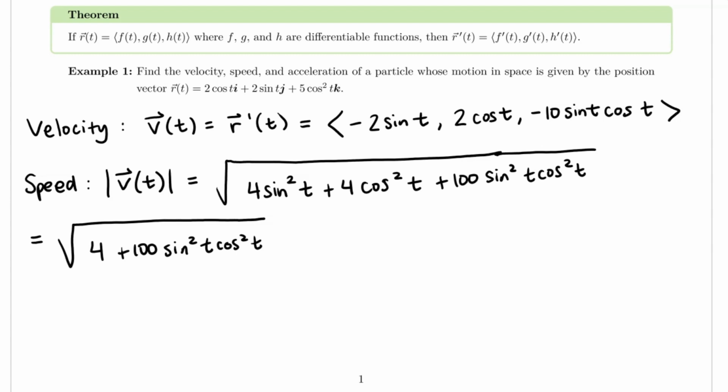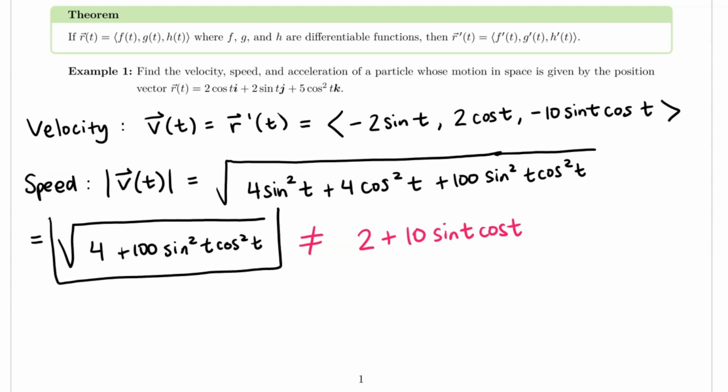One thing I do really want to emphasize, because sometimes my students are on the struggle bus in terms of their algebra, is that this is not equal to, either without the square root or with the square root, 2 plus 10 sine of t cosine of t. Those are not the same thing. So please be wary of that. Here, this would represent our final answer for the speed.